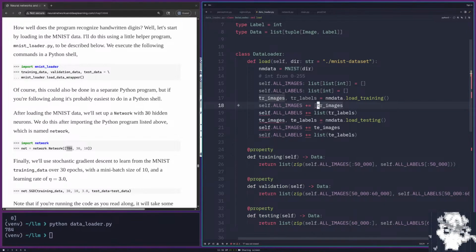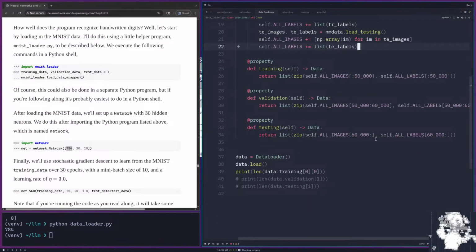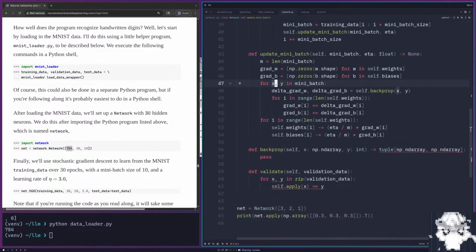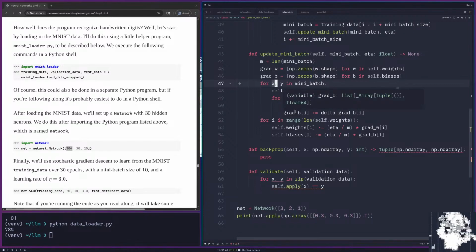So these should be np.array of image for image in images. And all images should be a list of np.ndarray. Okay, same for test images. Okay. I think our types make sense now.